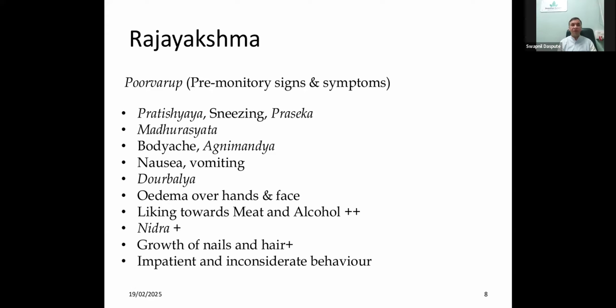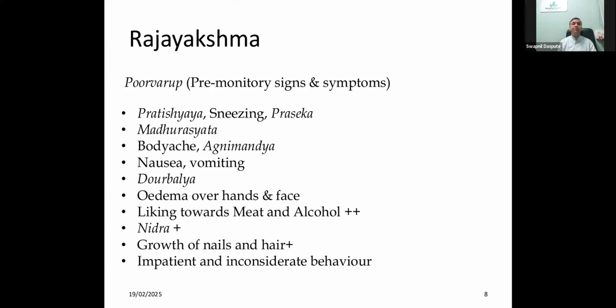Daurbalya is weakness. Okay, so here we start seeing the depletion of dhatus, weakness, daurbalya. Edema over the hands and face, that is shotha, over hands and face. Liking towards meat and alcohol.